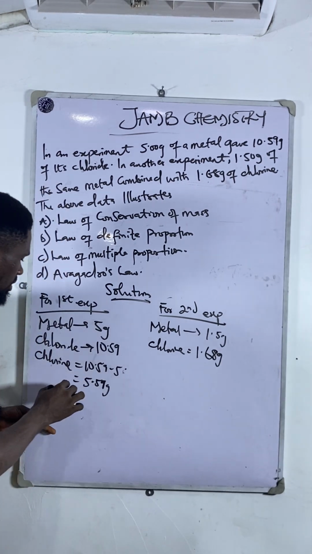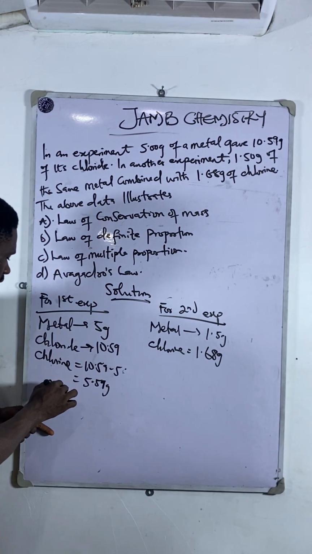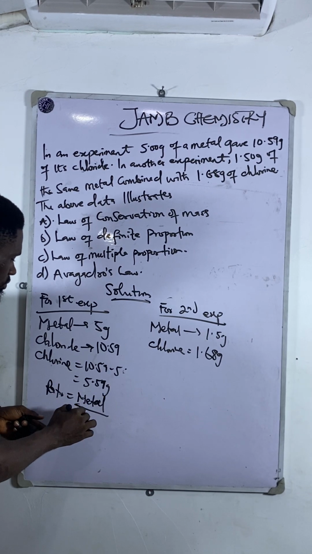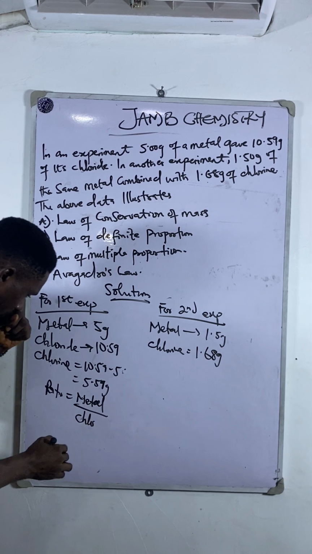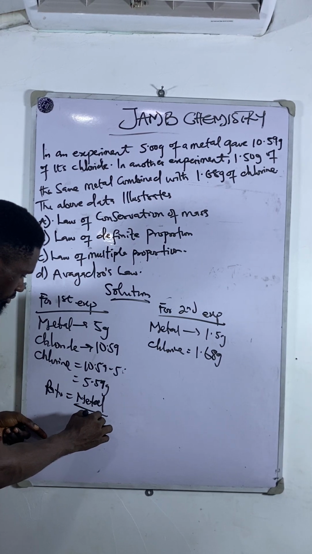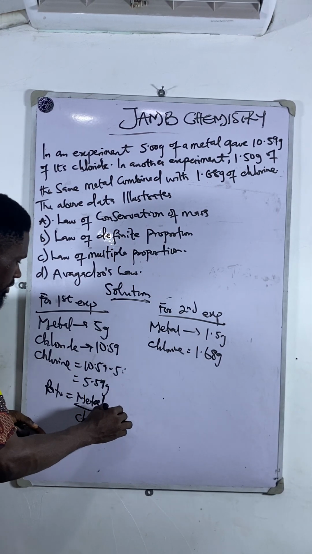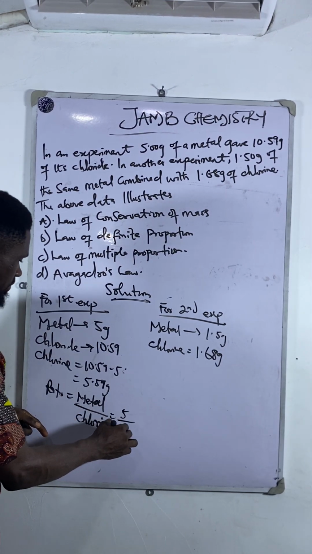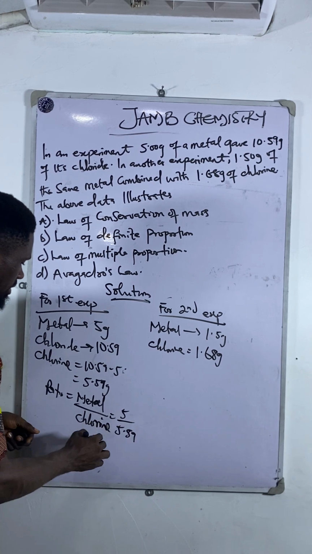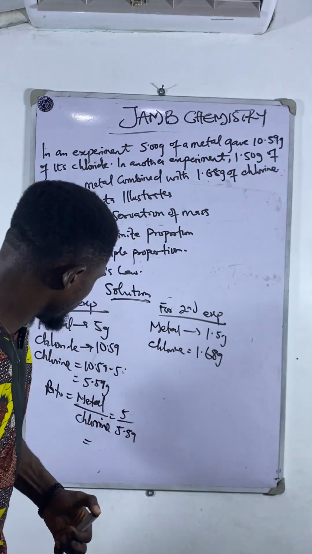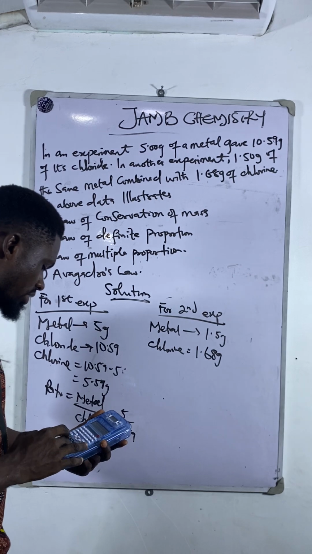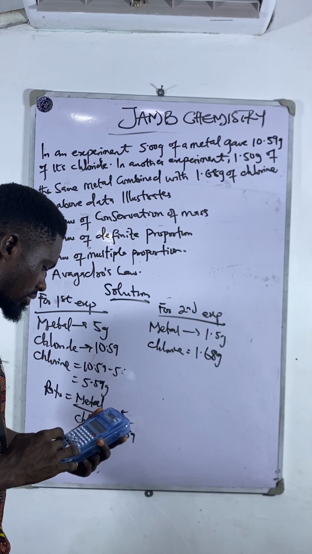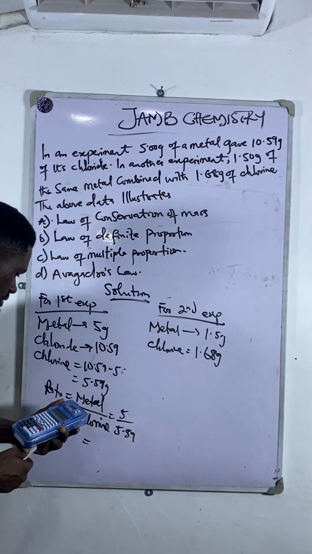All right, so the ratio of metal to chlorine here is 5 over 5.59. So 5 divided by 5.59, I have 0.89.